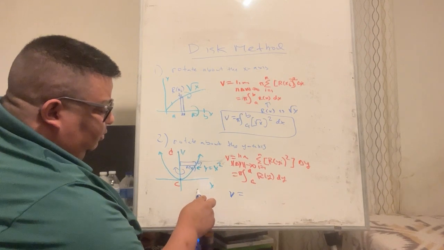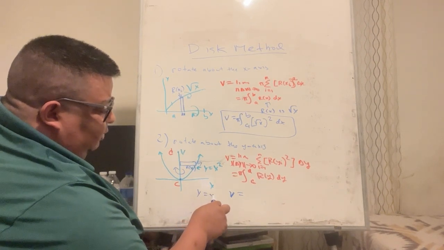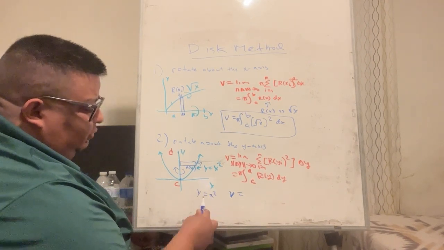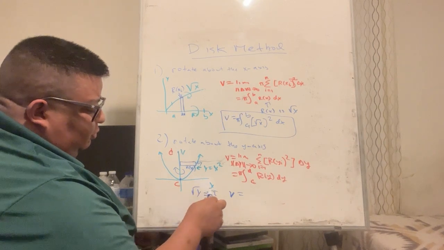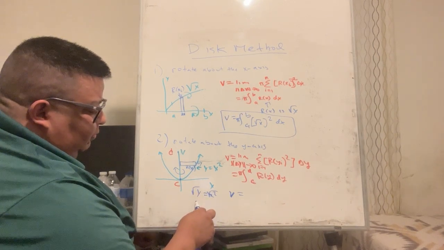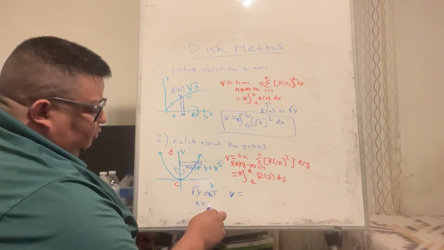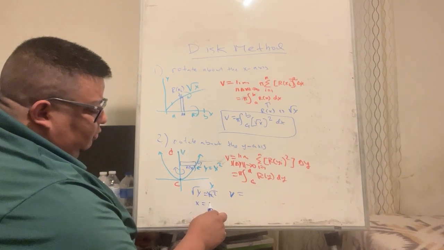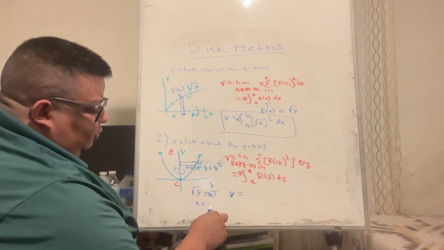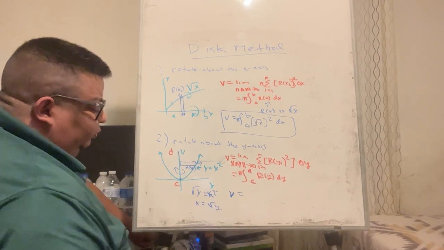So y is equal to x squared. That means we have to take the square root, and then x is equal to the square root of y.